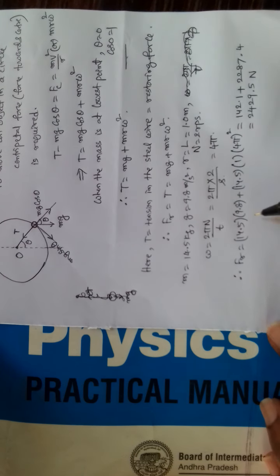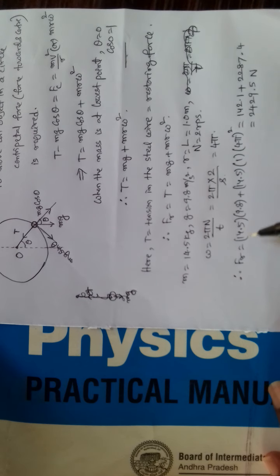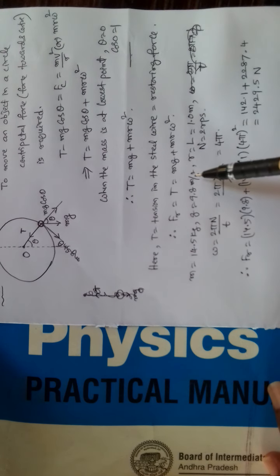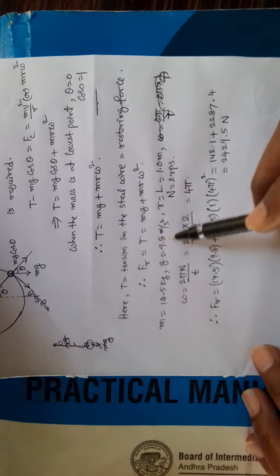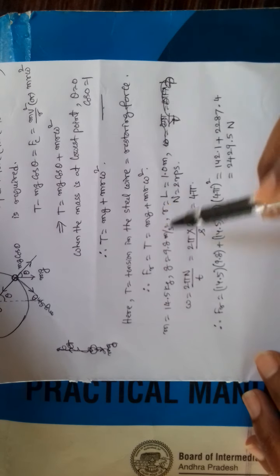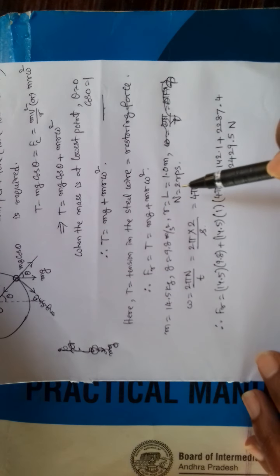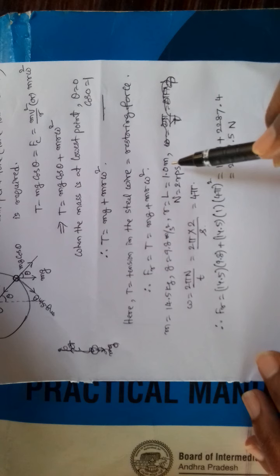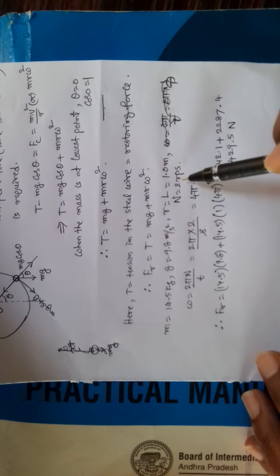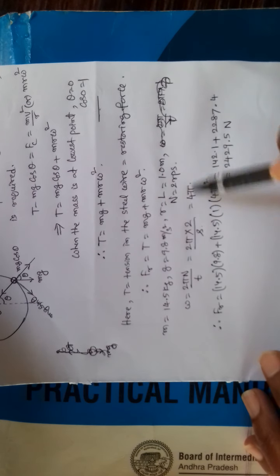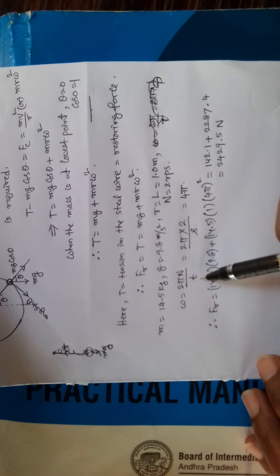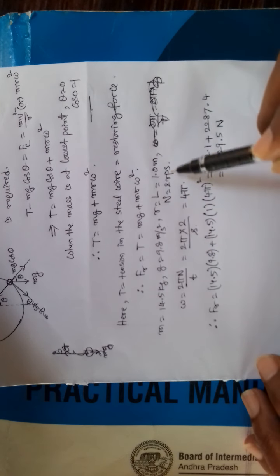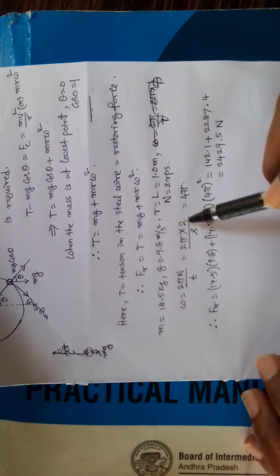Substituting the values, let us look at the data given. Mass is given, g value 9.8, and r means here the length of the steel wire, that is 1 meter, and it is making 2 revolutions per second. So omega is equal to 2 pi n by t, 2 pi into n value 2 revolutions per second.